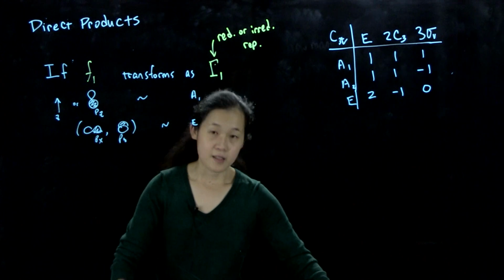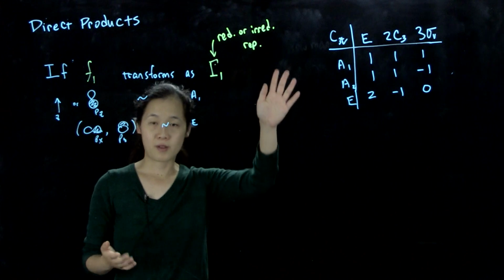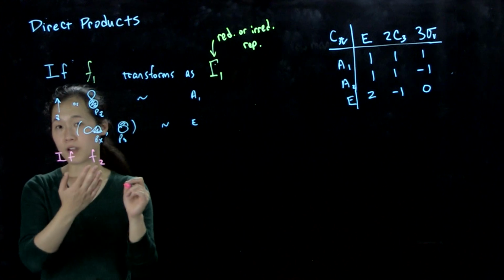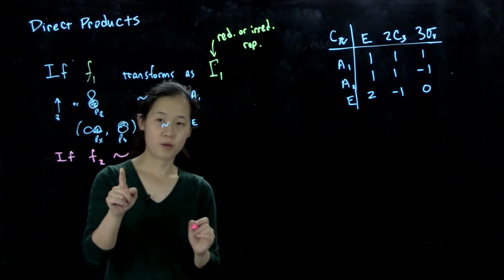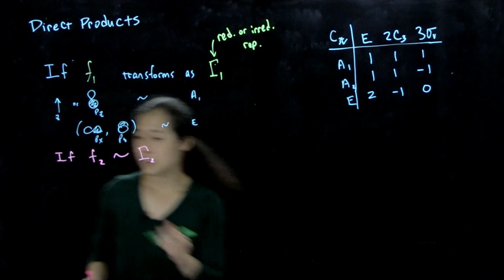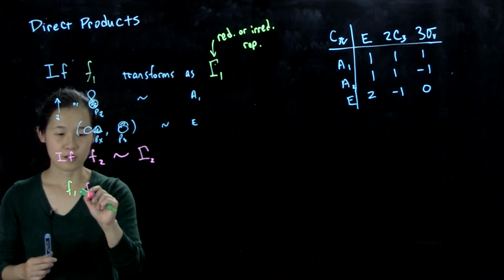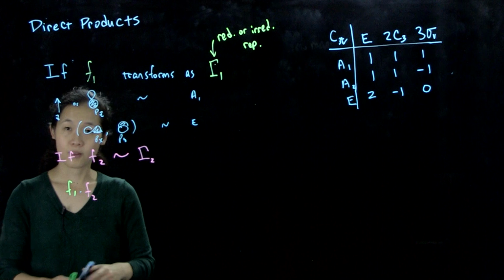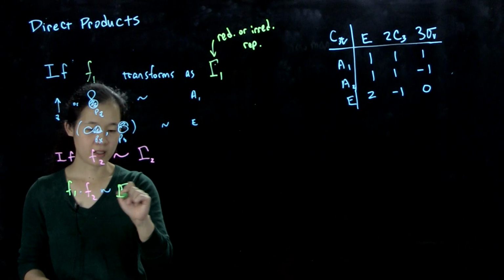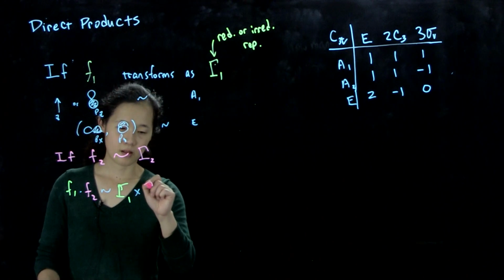OK. And so if f1 transforms as gamma 1, so either reducible or irreducible representations, and if f2, a different function, we'll use the tilde for it, transforms as gamma 2, then the product of two functions, f1 times f2, is then going to transform as the direct product, gamma 1 times gamma 2.